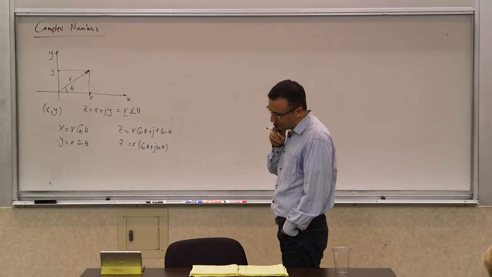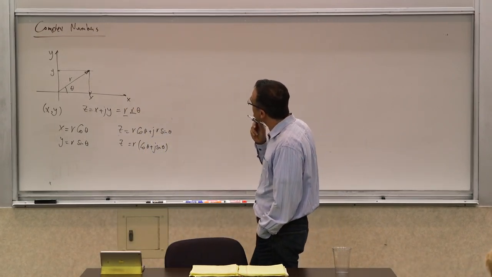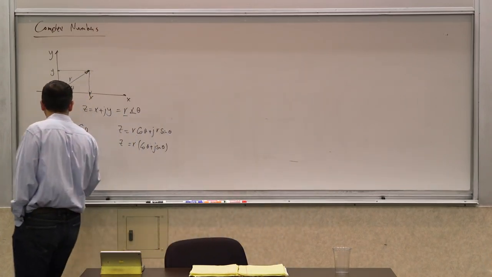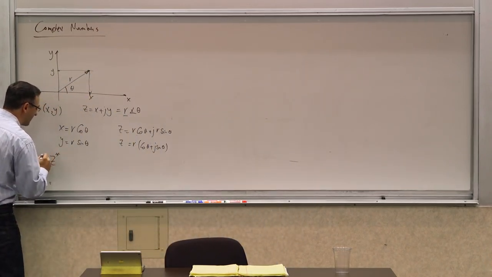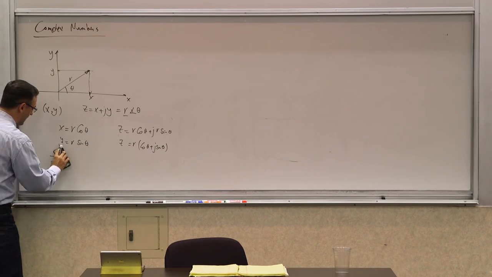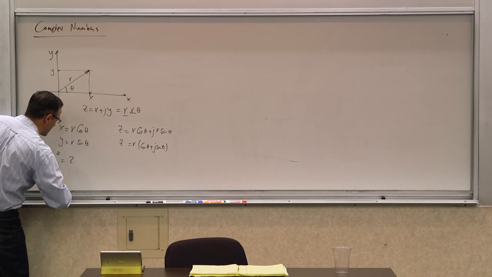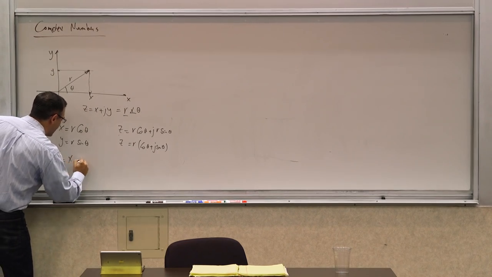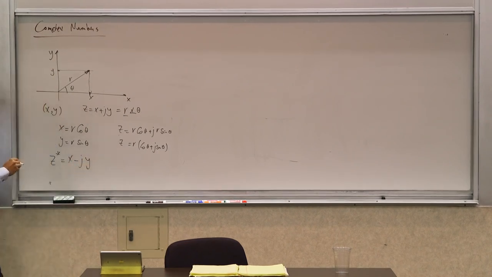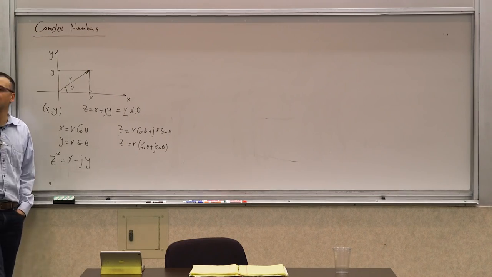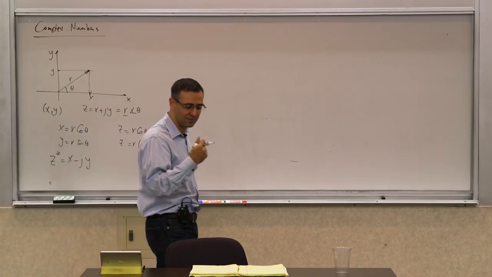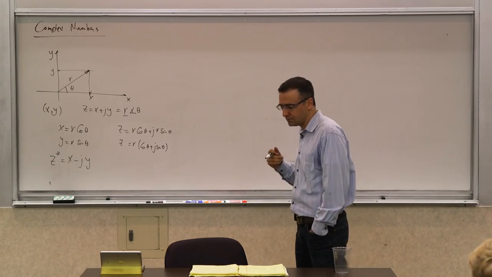Now, for a complex number, there's also another number. For every complex number, there's another one which we call the complex conjugate, which is shown with the z asterisk. And what it is basically is x minus jy. Essentially, the real part remains the same. The imaginary part changes sign.